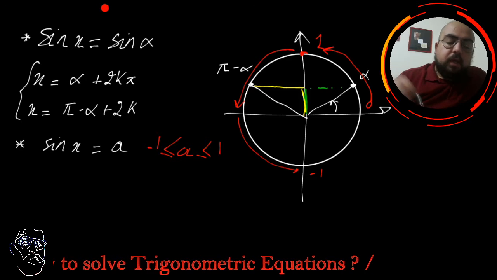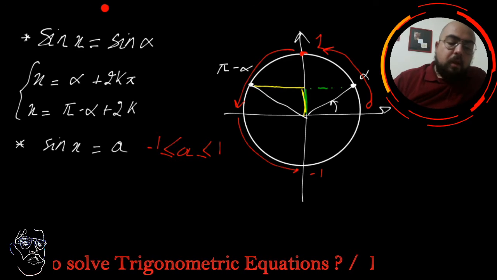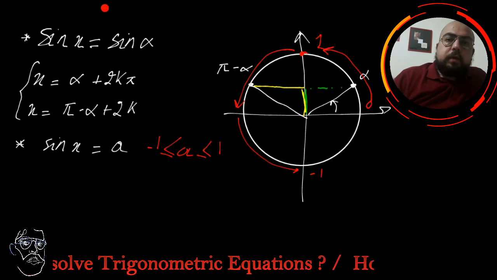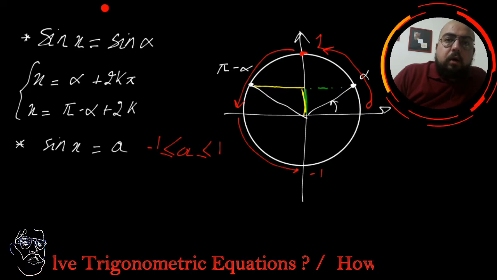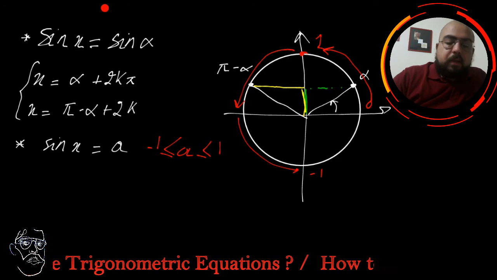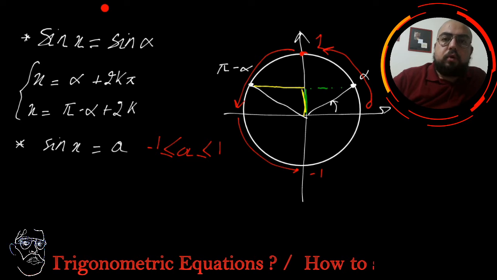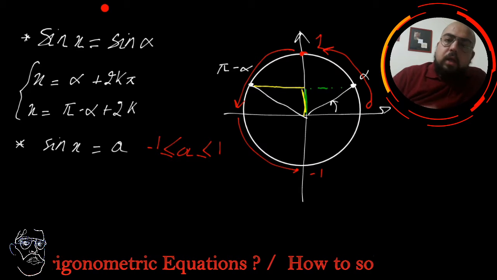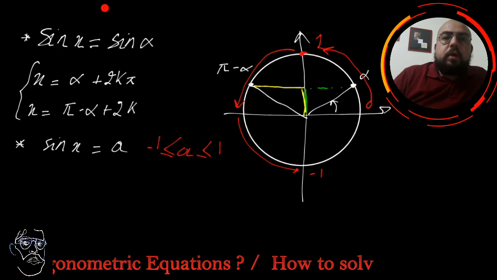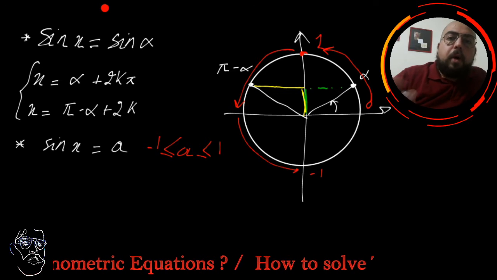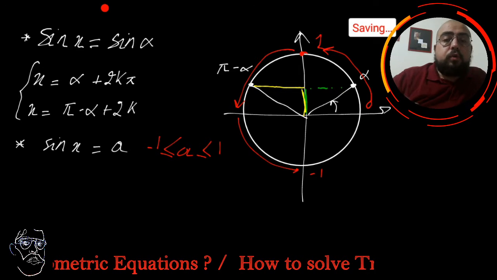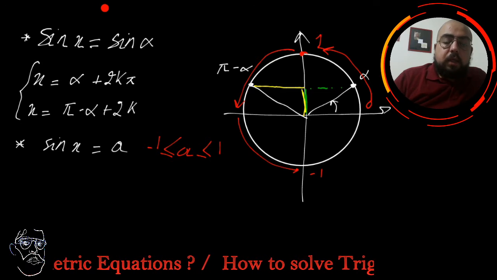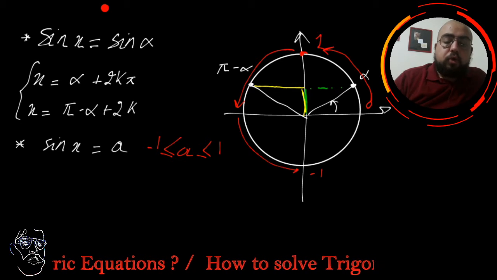So whenever we have sine x is equal to a, you simply use your calculator to find which angle gives you the value a. In case it is a particular angle like pi over 3, pi over 6, pi over 2, it's going to be easy, and I will take an example to show you.